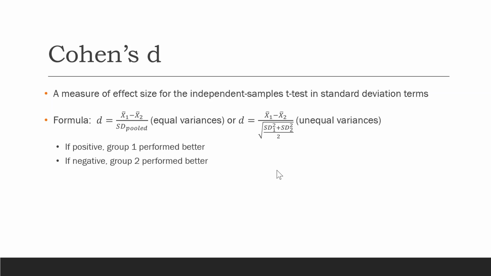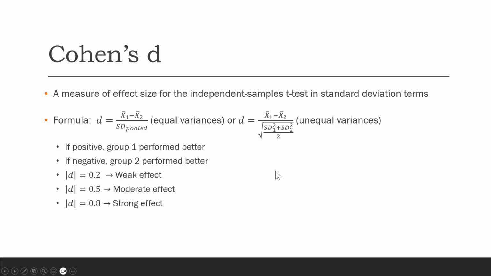Either way, when we're interpreting Cohen's d to get the effect size, we have some standardized rules of thumb that the field has followed, and it's these here. If the absolute value of Cohen's d is 0.2 or less, then we have a weak effect. A moderate effect is a d of 0.5. If it doesn't get to 0.5, I'm not going to call it moderate.